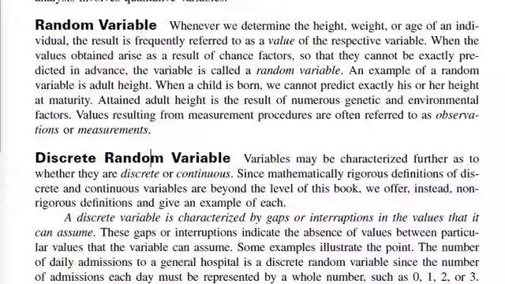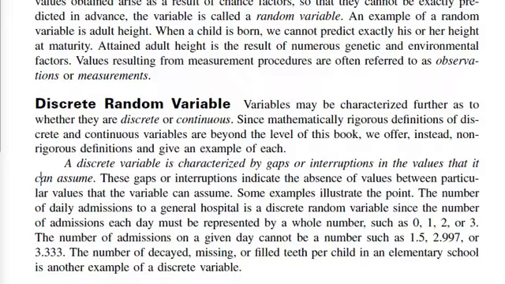Discrete random variable. Variables may be characterized further as to whether they are discrete or continuous. Since mathematically rigorous definitions of discrete and continuous variables are beyond the level of this book, we offer, instead, non-rigorous definitions and give an example of each. A discrete variable is characterized by gaps or interruptions in the values that it can assume. These gaps or interruptions indicate the absence of values between particular values that the variable can assume.